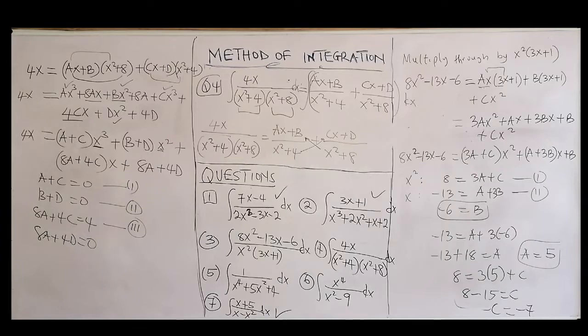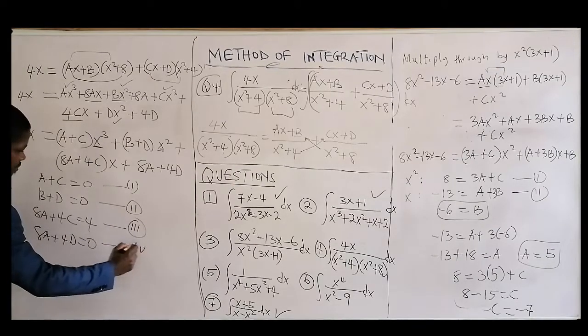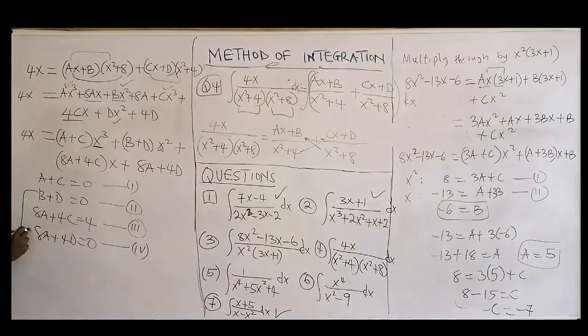So let's see which ones we can solve quickly. Let's solve this and this now. Equation 4 minus 2, 8a minus b.